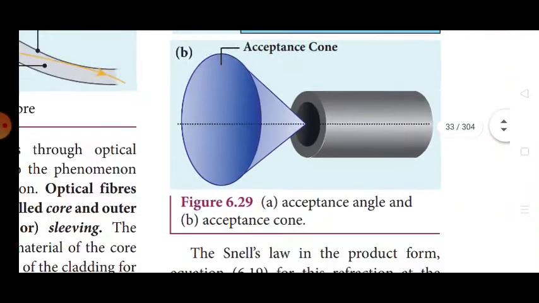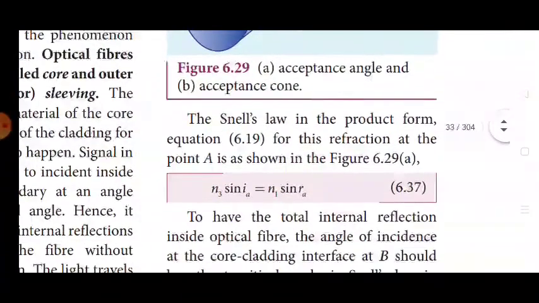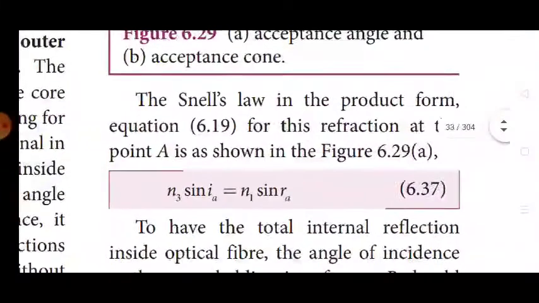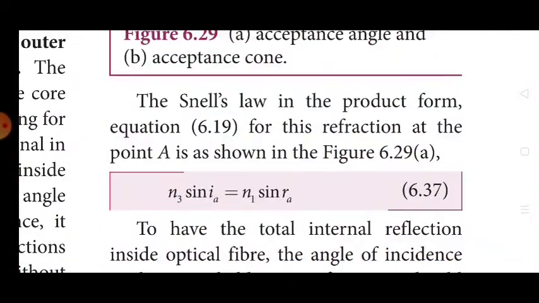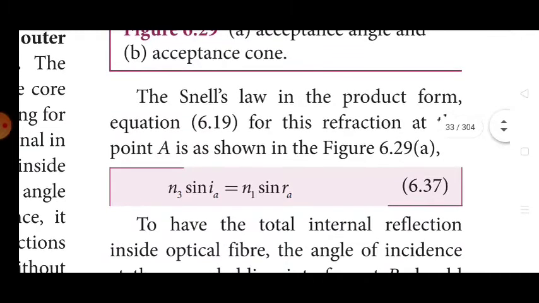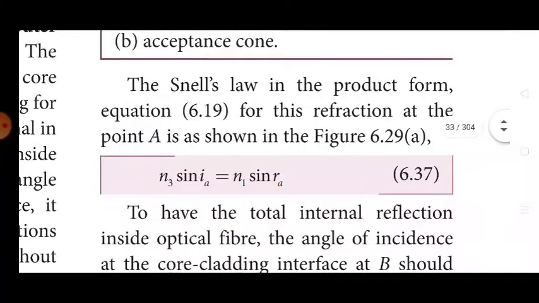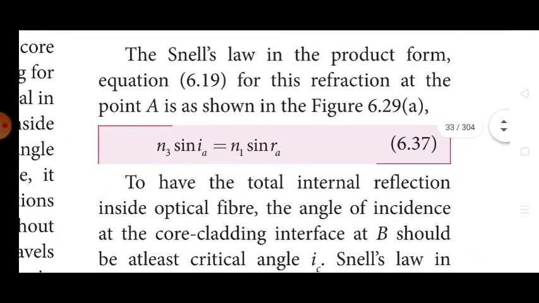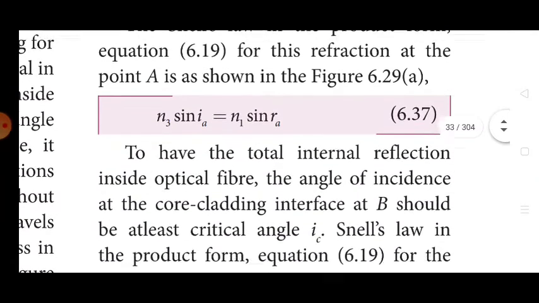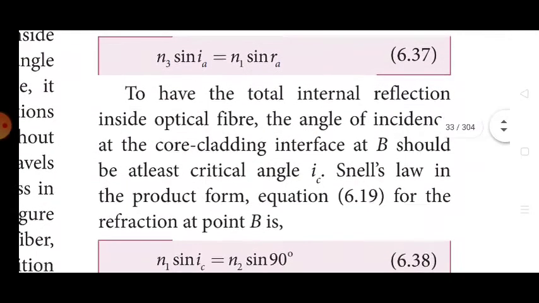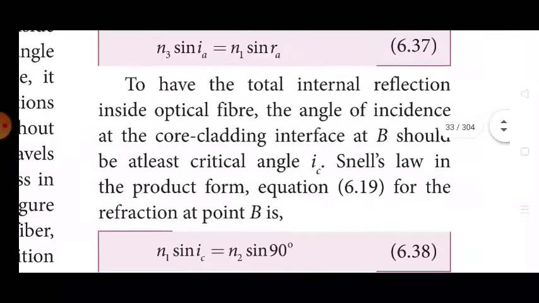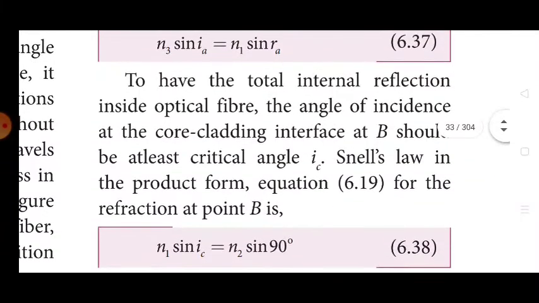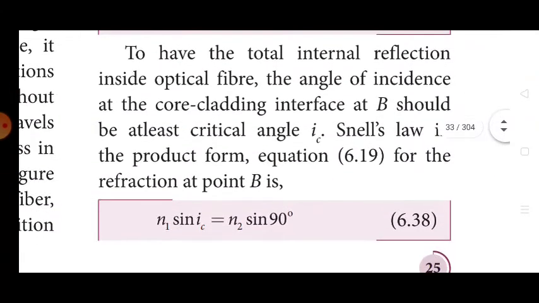Snell's law in the product form, equation 6.19, for this refraction at point A is N3 sin IA is equal to N1 sin RA. To have total internal reflection inside the optical fiber, the angle of incidence at the core-cladding interface at B should be at least the critical angle IC.